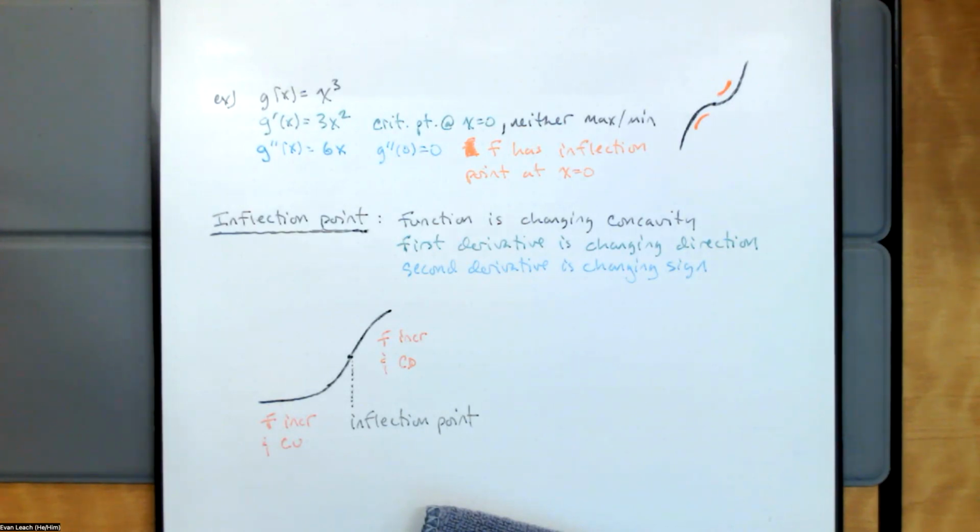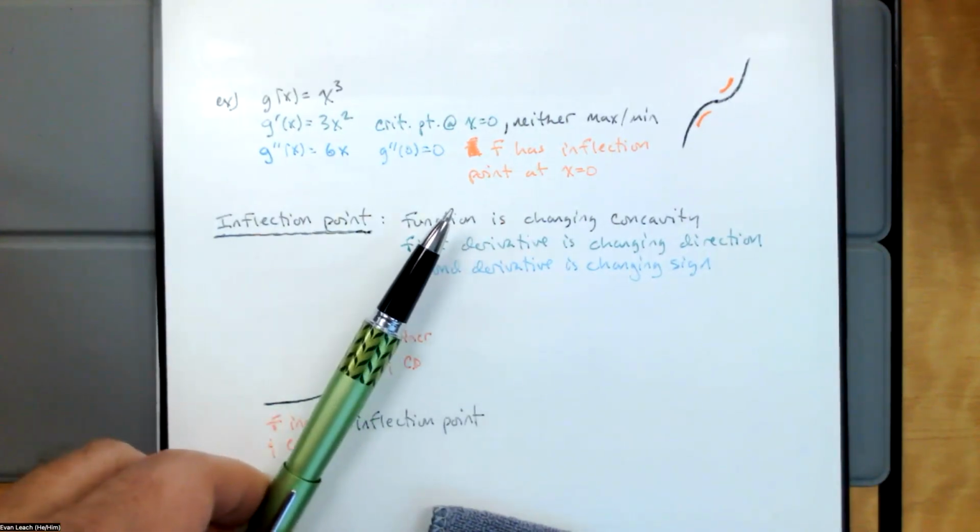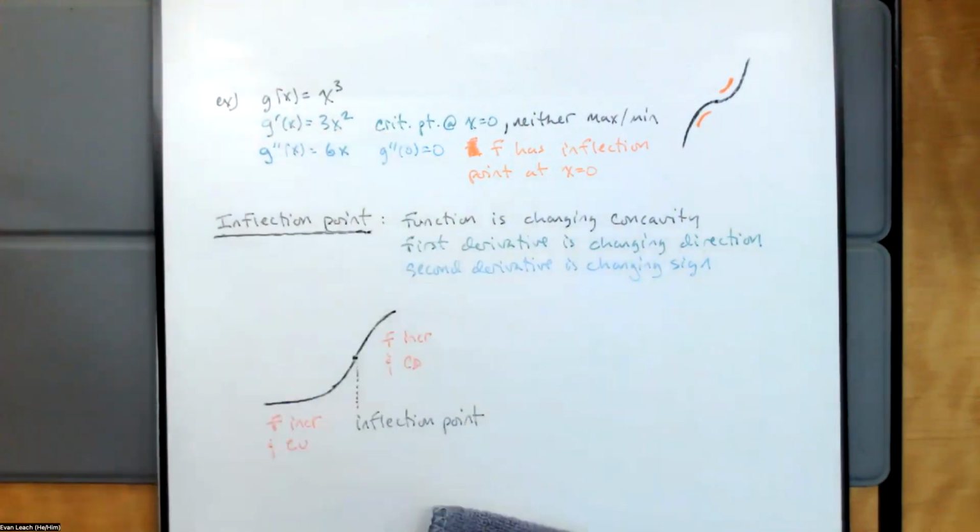Before the inflection point, the first derivative was increasing, and after the inflection point, the first derivative is decreasing. We start off with the slope close to zero, then the slope reaches this high point, and then the slope starts to decrease.